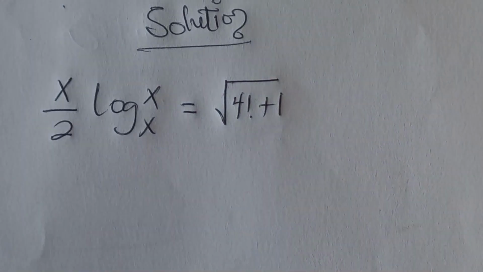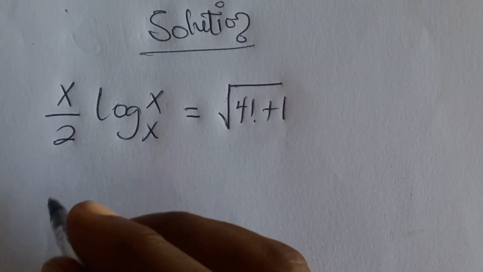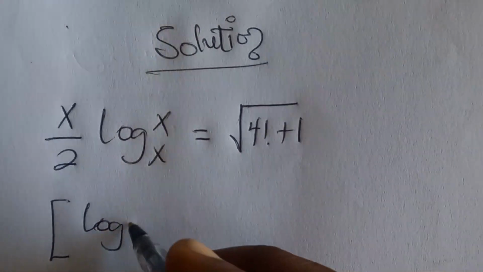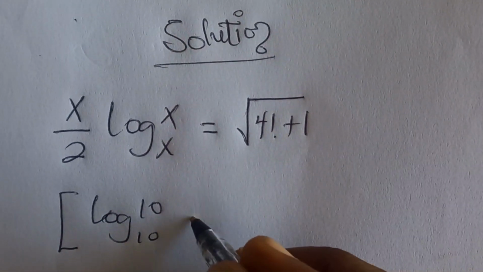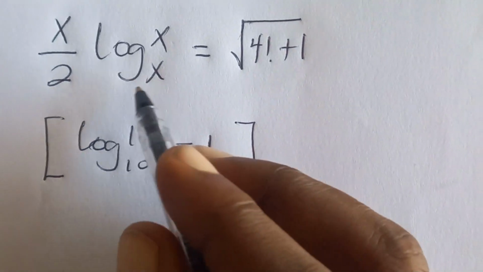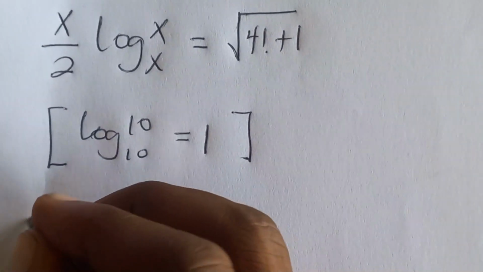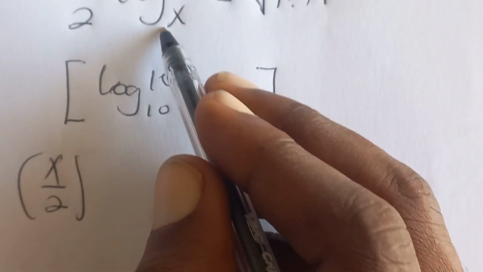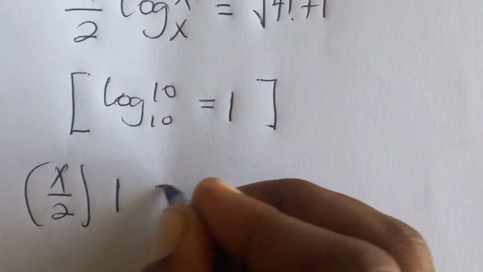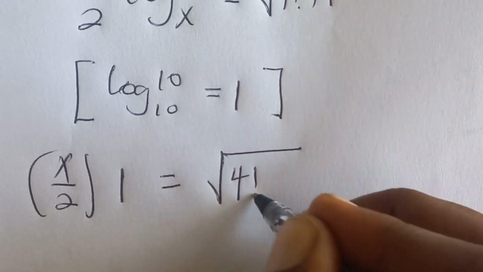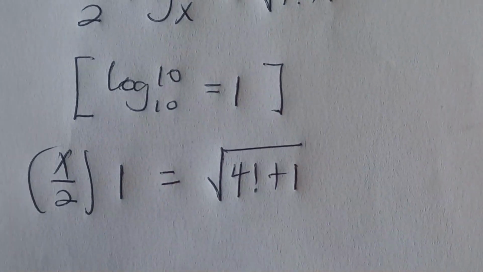Before we move on, in logarithms, when we have log 10 base 10, we say that it's equal to 1. So we can say that x over 2 to the power of 1, which is equal to root 4 factorial plus 1.